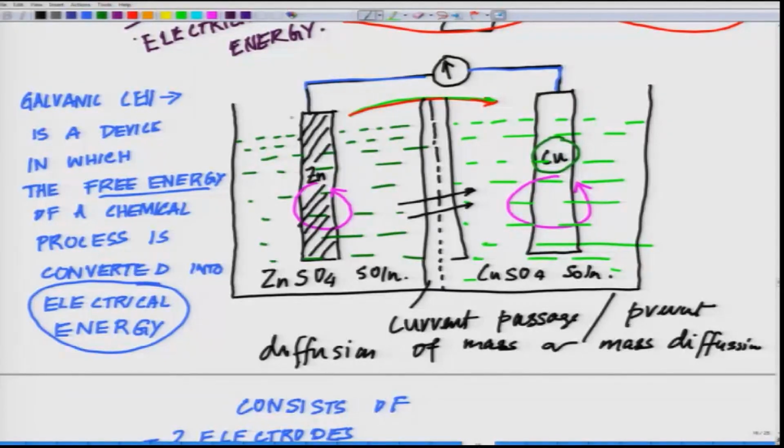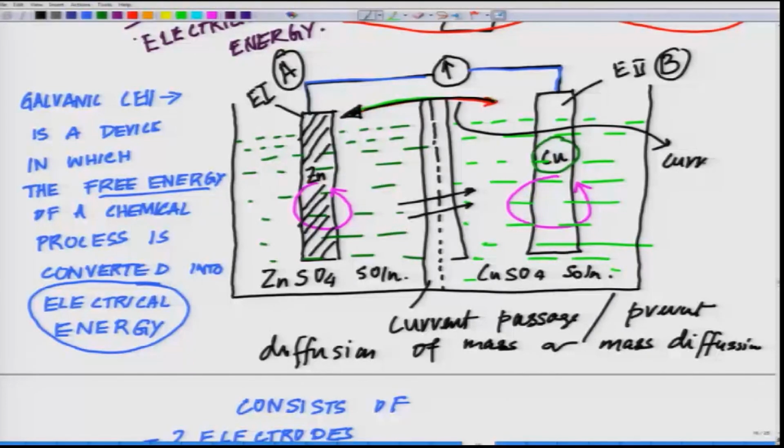Zinc and copper are the two electrodes, electrode 1 and electrode 2. When these are connected externally by a metallic wire, current flows from copper to zinc through the wire.